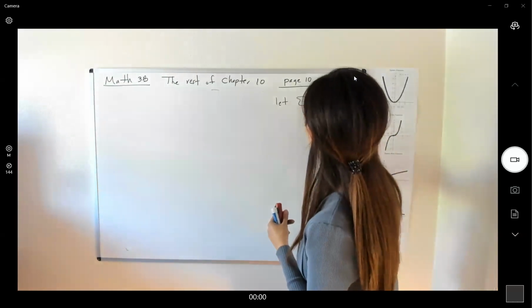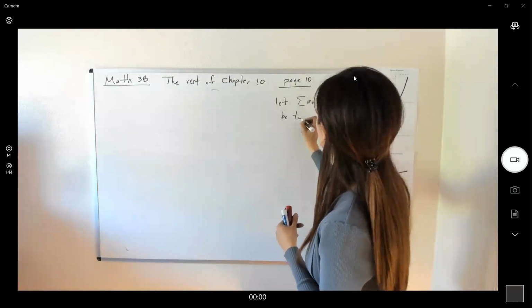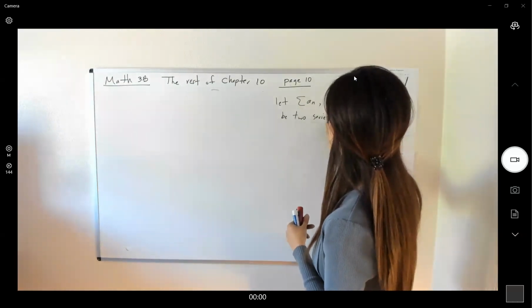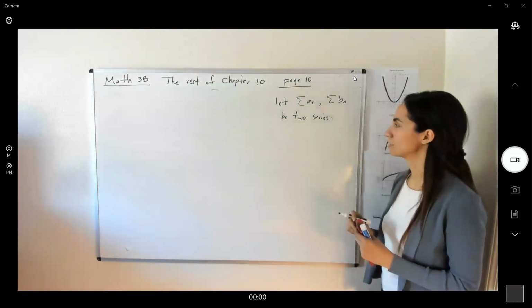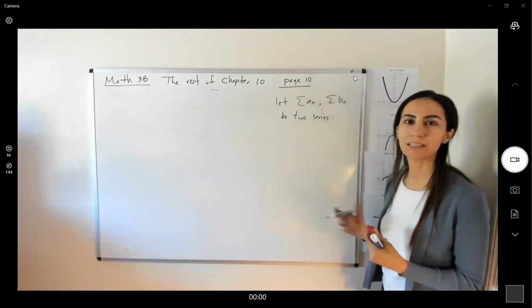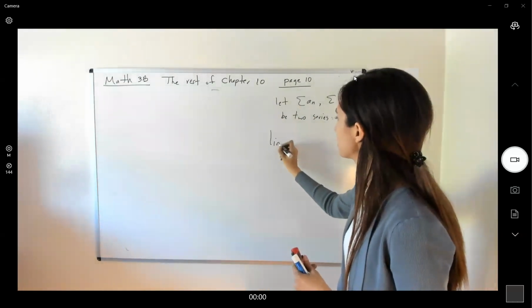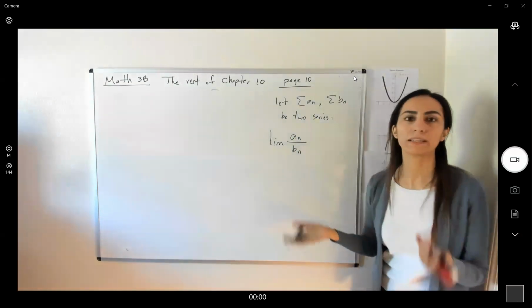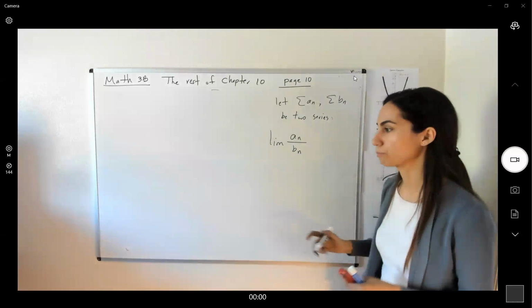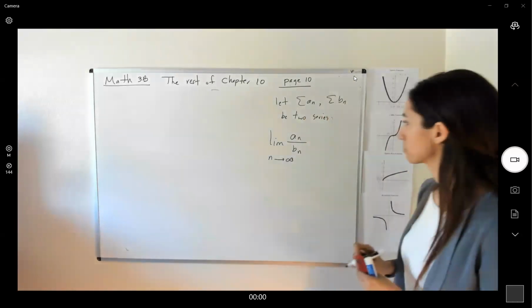Let sigma An, sigma Bn be two series. Sometimes this test actually is a good test, an easy way to analyze two series. Take the limit of An divided by Bn or Bn divided by An. It's not very important. While n goes to infinity.